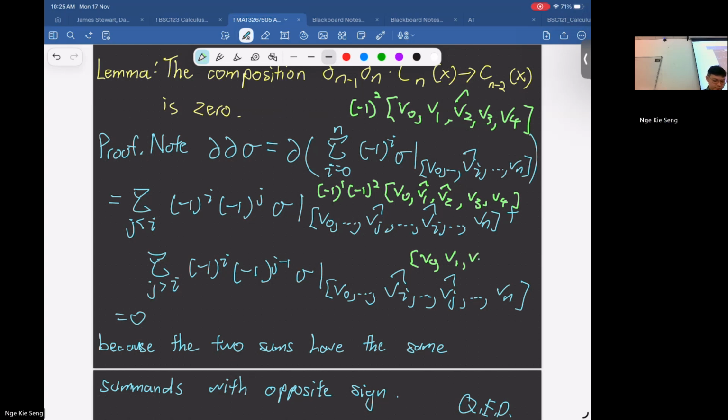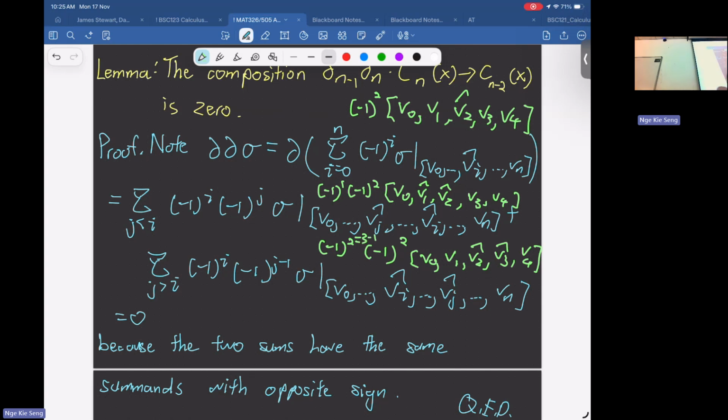Instead of 0, 1, 2, 3, 4, it becomes 0, 1, 2, 3. You throw the second one, so it's j minus 1. So minus 1 times 2, and then minus 1 to the 2, which is equal to 3 minus 1.